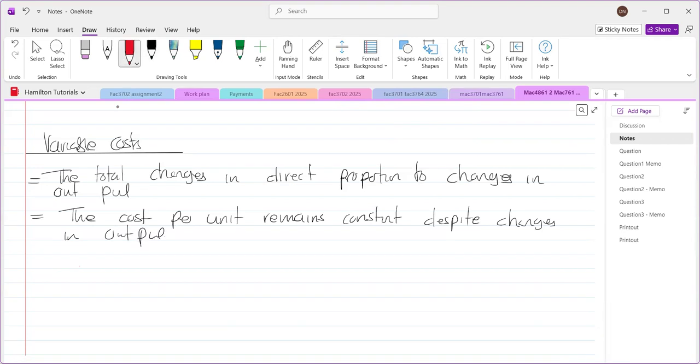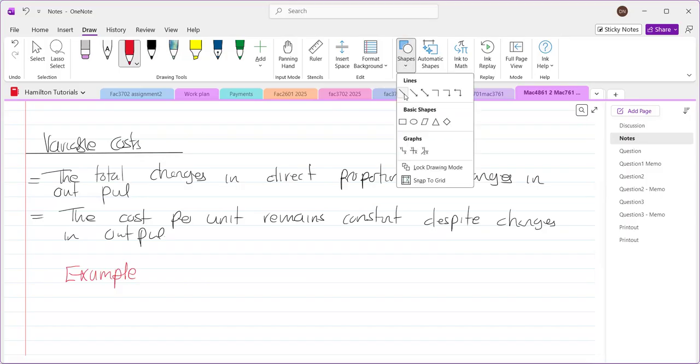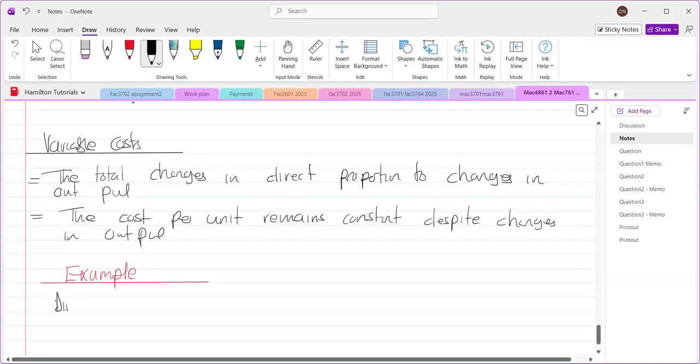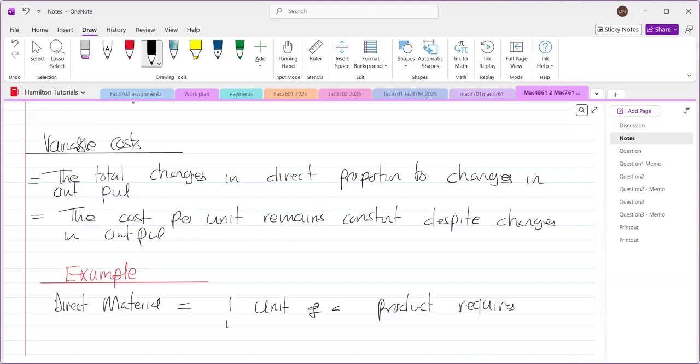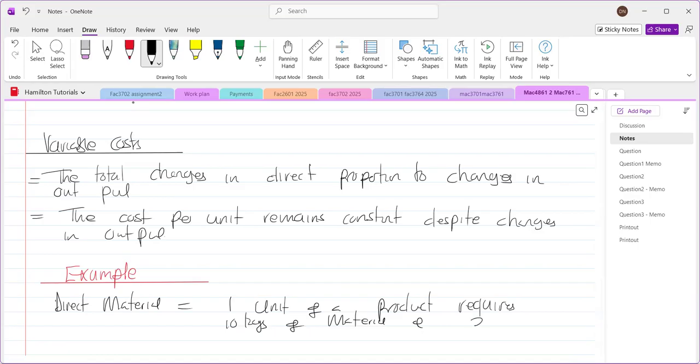Right, let's give an example. I'll use direct material. Let's say 1 unit of a product requires 10 kgs of material, at say 2 rand per kg.